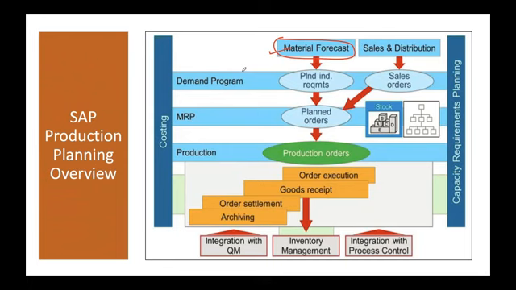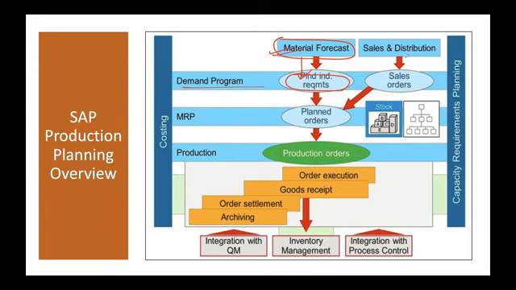They take the previous sales data of a product, and based on that they come up with a future forecast. That forecast they enter into the SAP system as planned independent requirements, the demand.